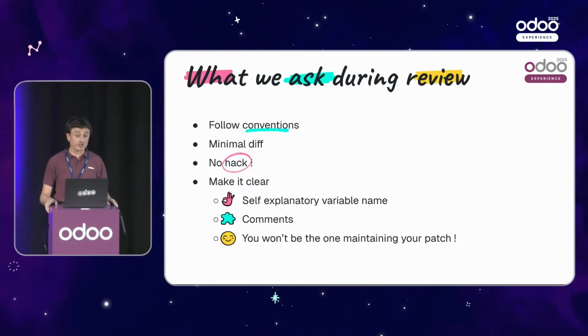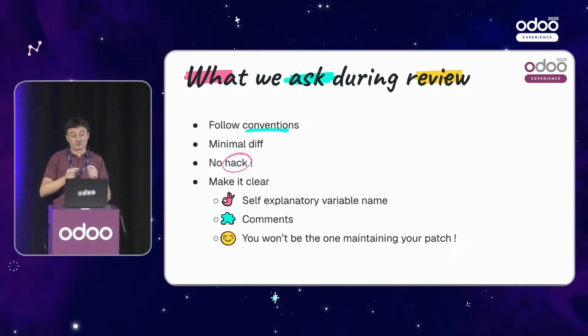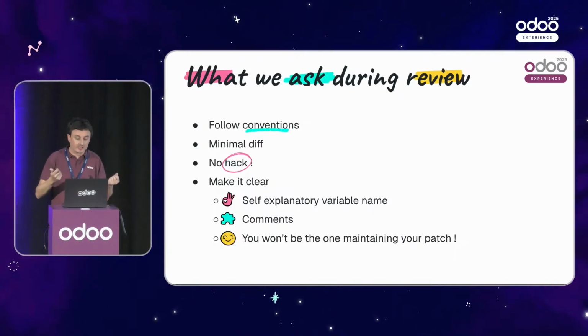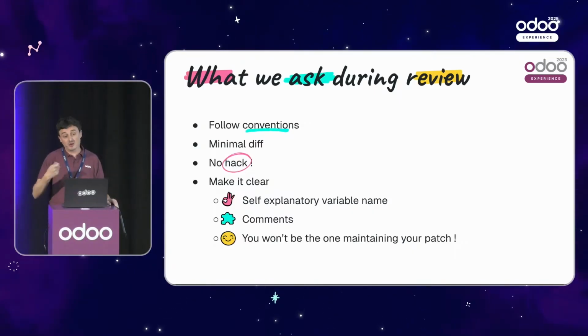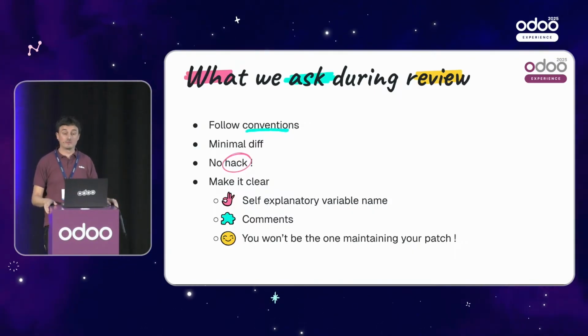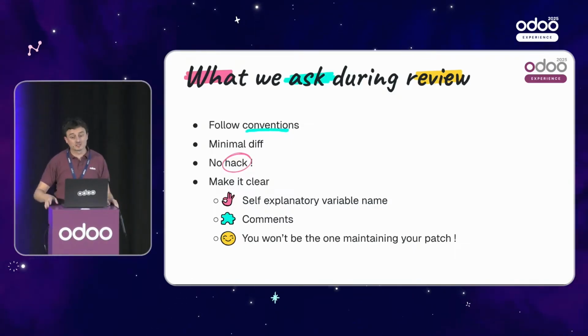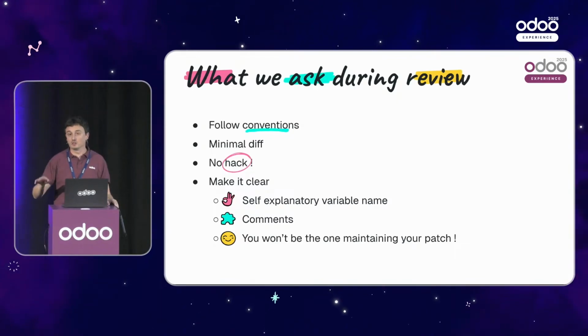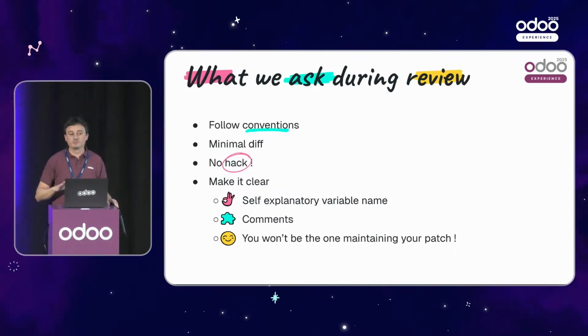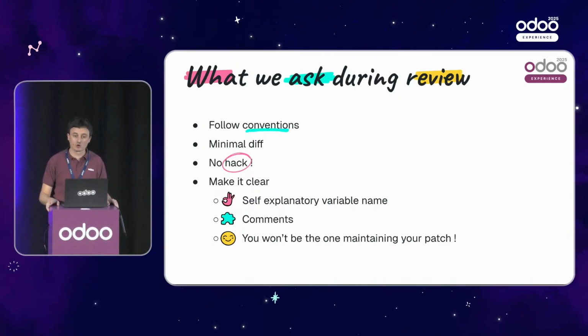You have to make it clear. Sometimes it's not possible to have really self-explanatory code, but the variable names should be easy to understand. You can add comments. It's not bad. We won't be mad because there are too many comments in your code.